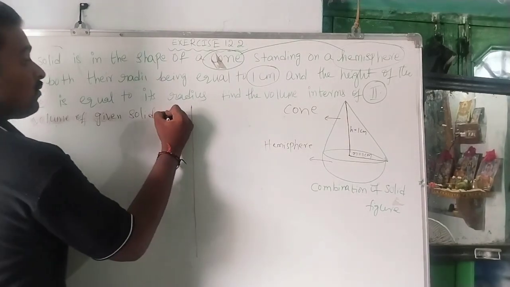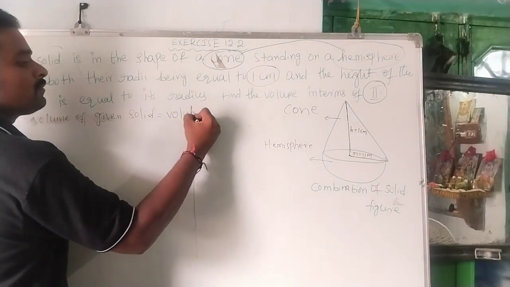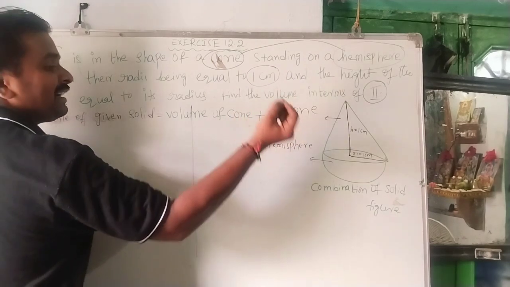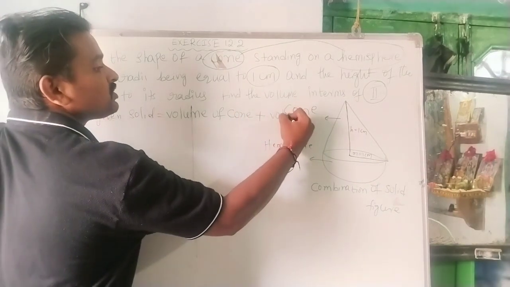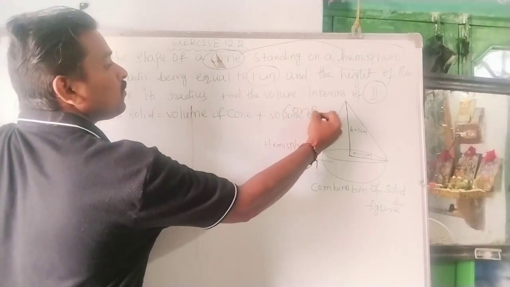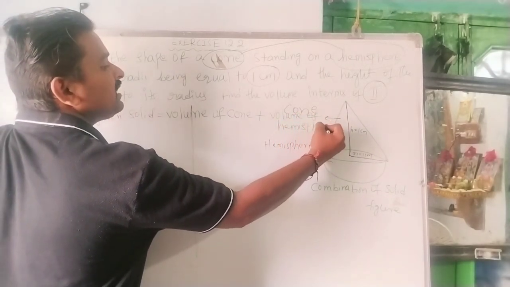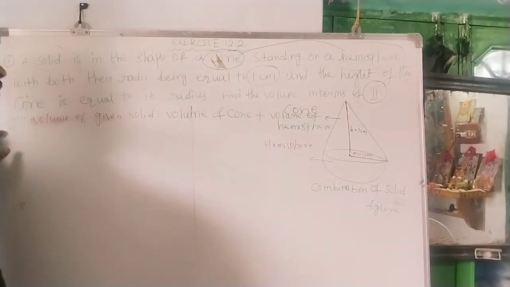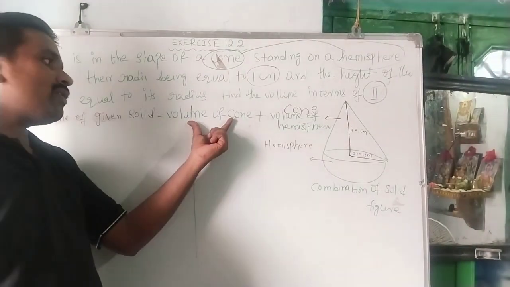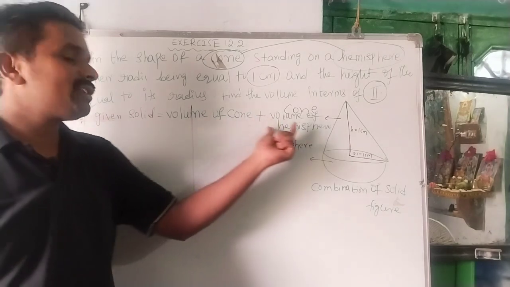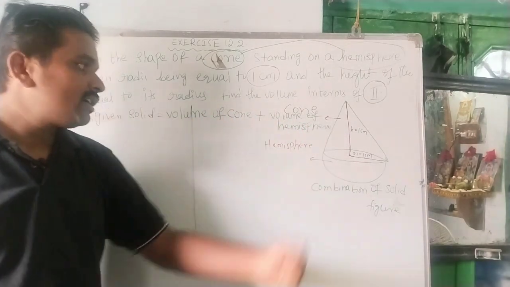First one, volume of cone, and volume of hemisphere. Clear, Amma? First we have to find the volume of cone and next we have to find the volume of hemisphere, and finally we have to add these two volumes. Then we will get the volume of the solid.